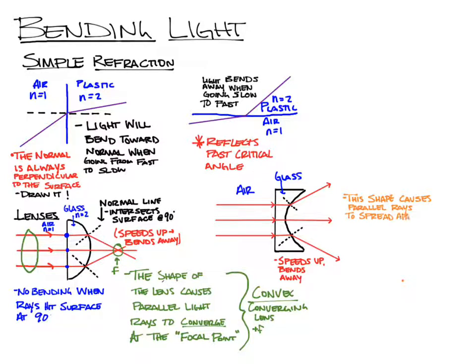And the really cool thing is that these spread apart rays look like they come from a single point. So we say they diverge from the focal point this time. So they're coming away from the focal point. That's different. Now, this is a concave lens, like we said before.